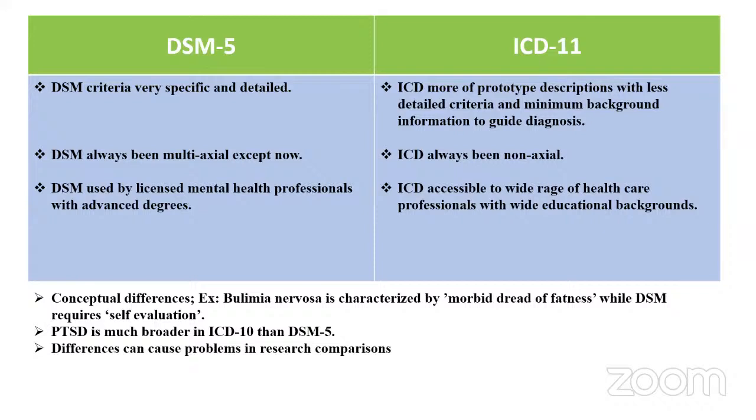DSM has always been multi-axial, and in its fifth revision, the current revision, they have removed it because, as I told you, they want to increase the similarities. ICD has always been non-axial. What is axial?